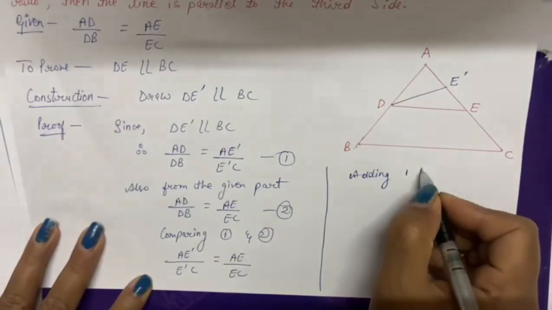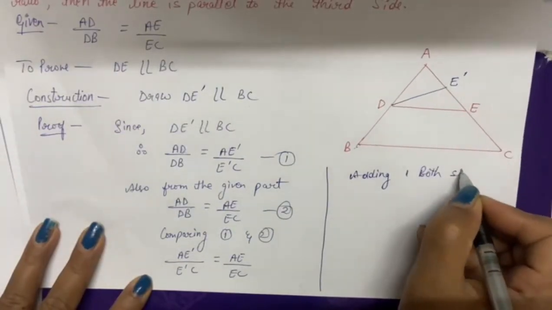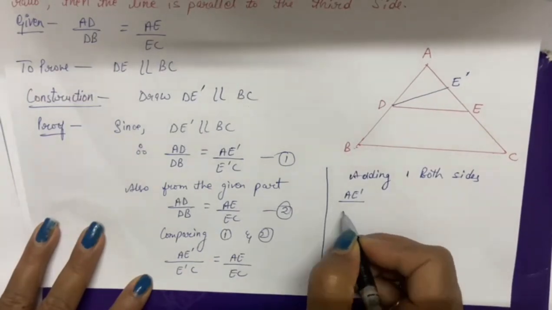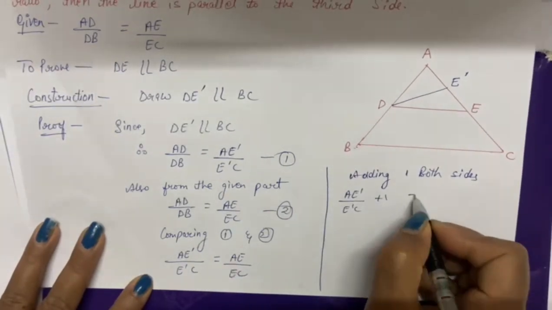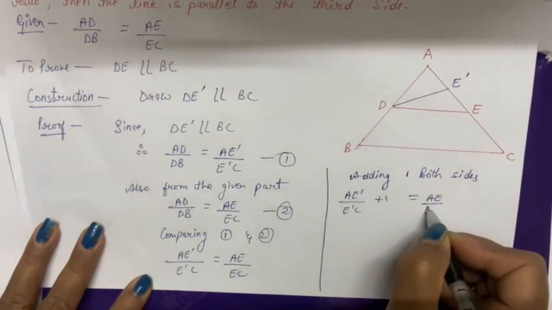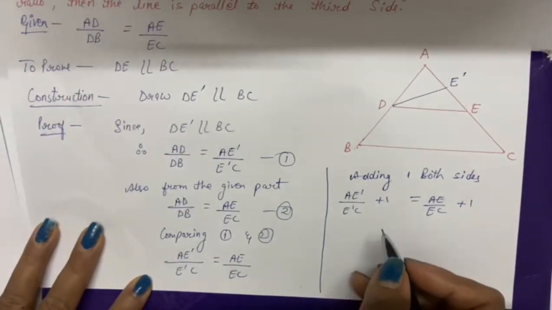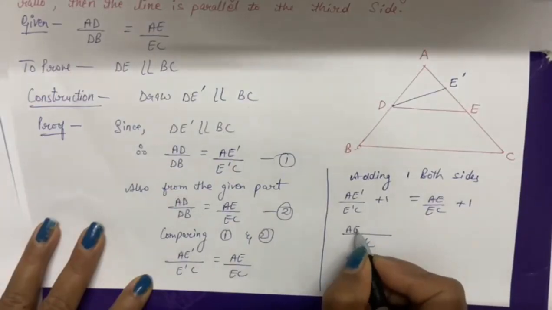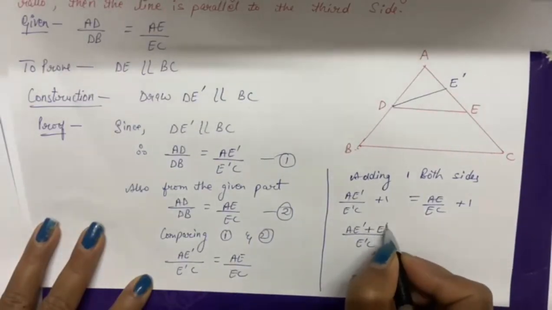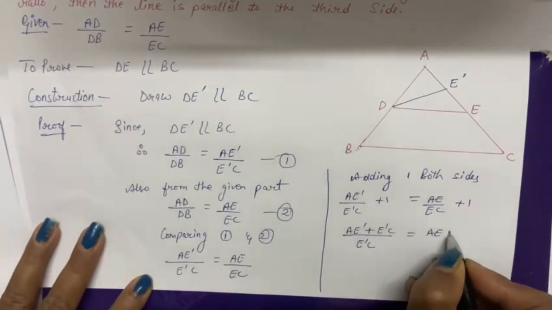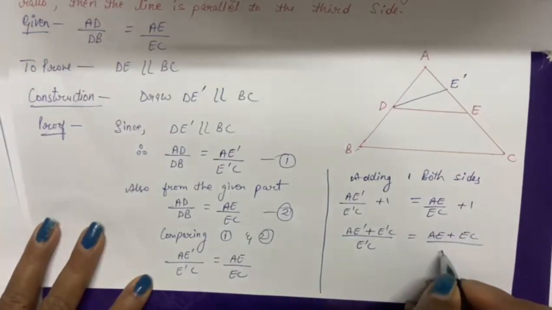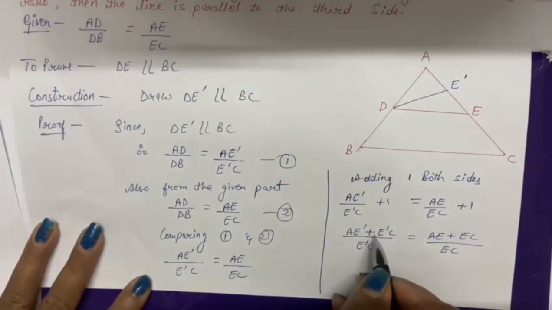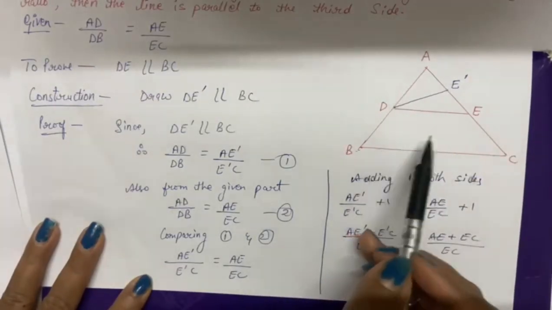After this, we have to add 1 to both the sides. So adding 1 to both sides, AE dash by E dash C plus 1 is equal to AE by EC plus 1. Now after taking the LCM, E dash C, the numerator will be AE dash plus E dash C, is equal to AE plus EC, whole upon EC. Right. So what is this AE dash plus E dash C in this triangle?